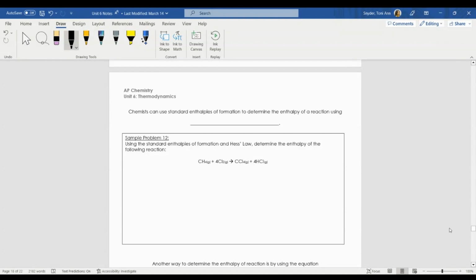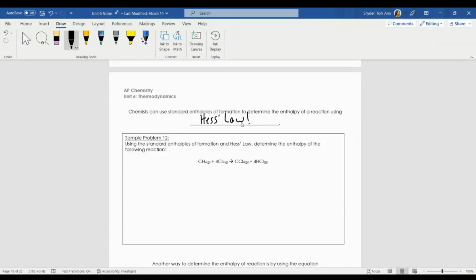And we could do that by using Hess's law, which we've already used. And you guys were very good at that from what I remember. So we can use Hess's law to figure out what is the standard enthalpy of these reactions?